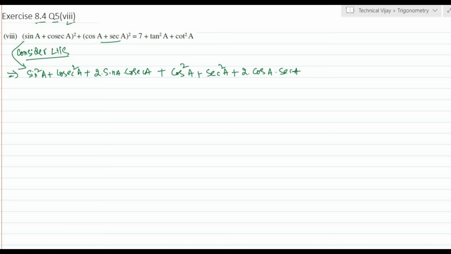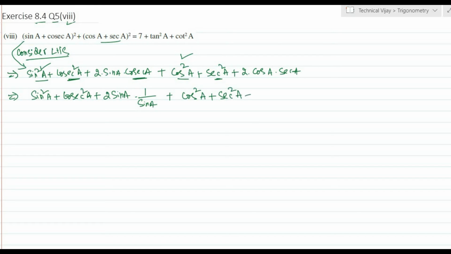So here this I will write as it is, sin square A plus cosec square A plus 2 sin A, and this cosec A can be written as 1 divided by sin A. In the same way, cos square A plus sec square A plus 2 into cos A into 1 divided by cos A, since secant can be written like that.